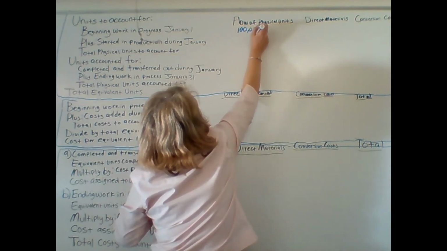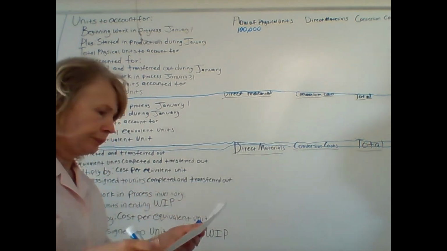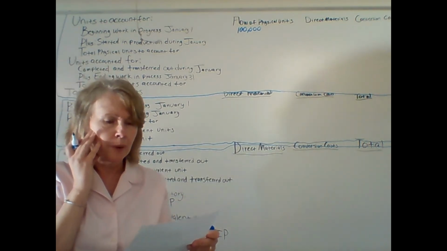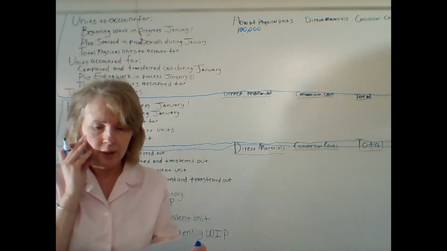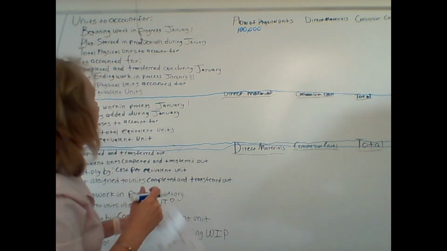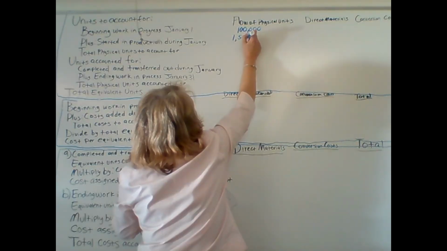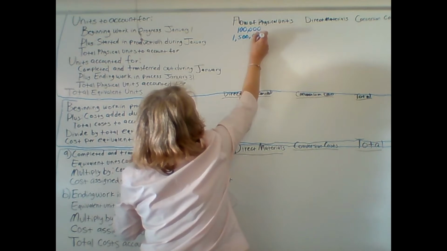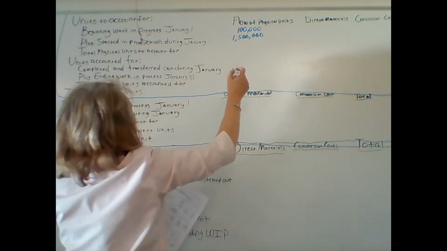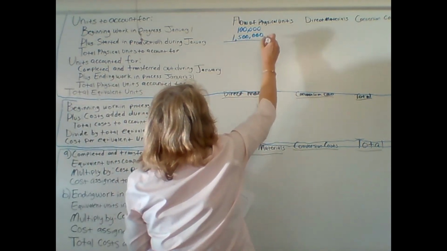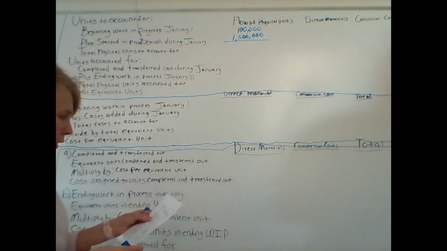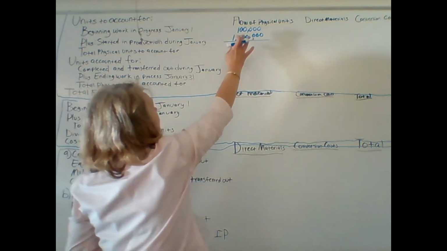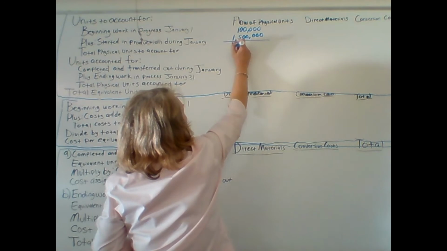I'm trying to be neat, everybody. All right. Plus started in production during January is 1,500. What I meant to say here was 1,500,000. Okay? All right, so I draw a line. The total physical units to account for, I just add these two together, and that gives me 1,600,000.